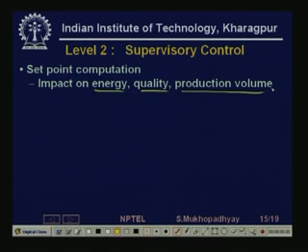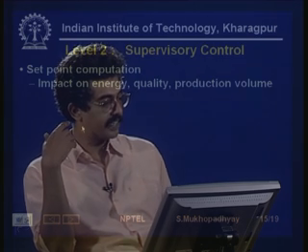Unless you give proper set points, you will not get product of certain quality, you may be wasting a lot of energy in producing it, and the amount of production will also fall. So that is why supervisory control is so critical, and it is often done by very experienced operators manually. So it is very critical for manufacturing.